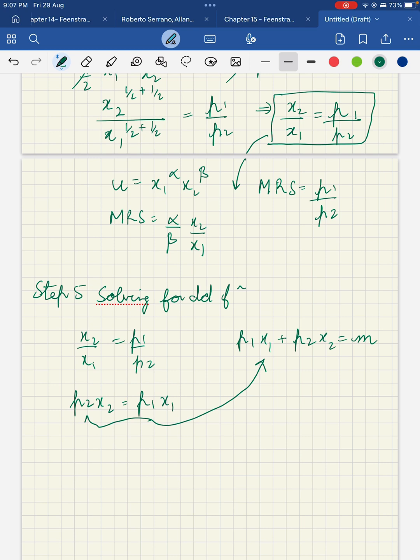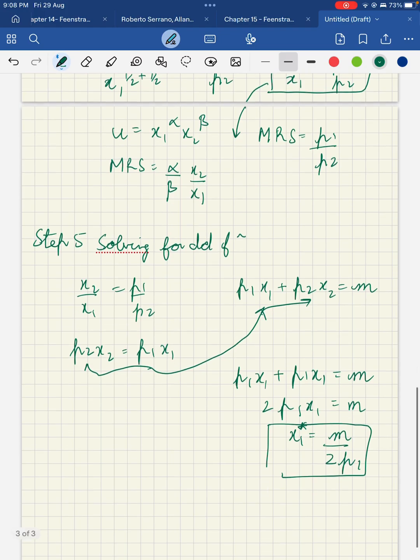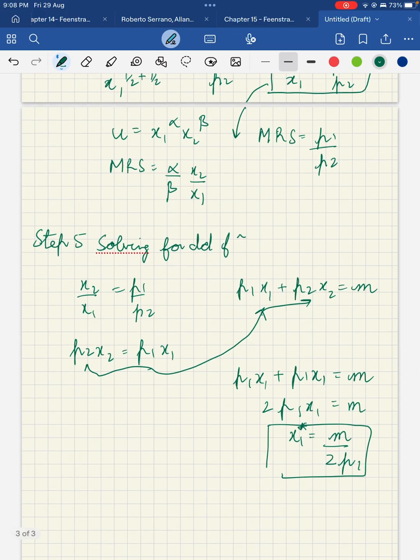So let's do that. P1x1 plus again P1x1, substituting in for P2x2, is equal to M. So 2P1x1 is equal to M and I get x1 is equal to M upon 2P1. This is my x1 star.